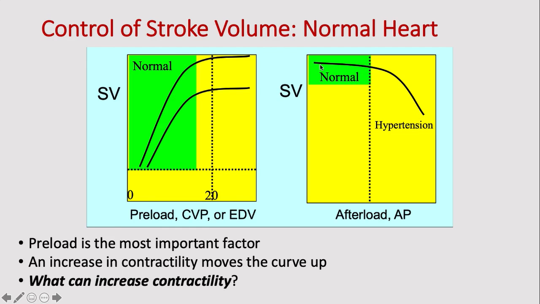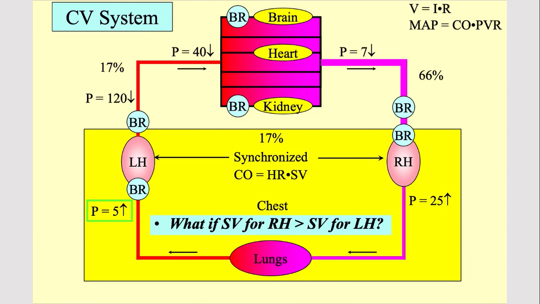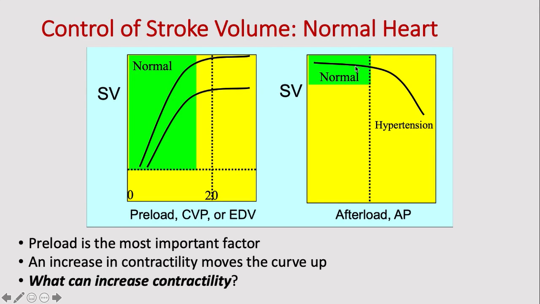So normally, as the afterload increases, let's say this is 120, and this down here is 200, okay? Systolic pressure. So at 120 blood pressure, your heart does just fine. At 130, good. At 140, it's still good.